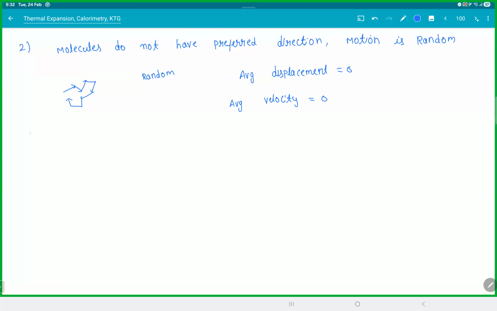Third, the collision between the molecules and the walls of the container is perfectly elastic.